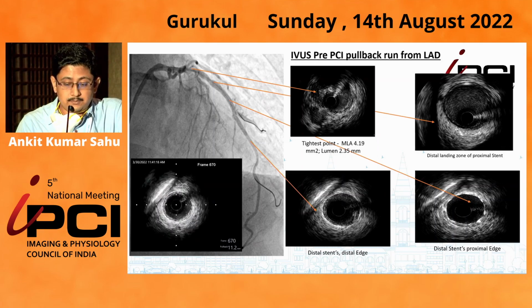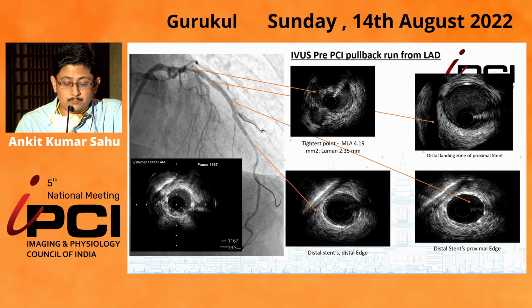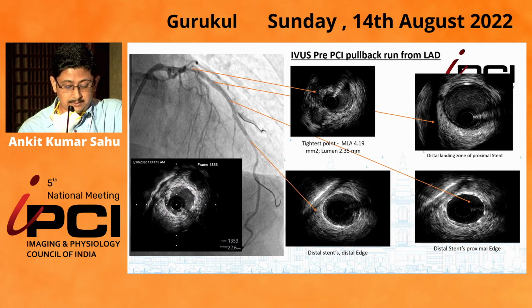And thereafter, the proximal landing zone of the proximal stent in the LAD was identified with a luminal diameter of around 4 mm in the mid LAD, and the tightest point was observed at the ostium of the LAD, which showed a lumen diameter of 2.3 at the ostial LAD, and it was having a mixed plaque with some degree of spotty calcium.